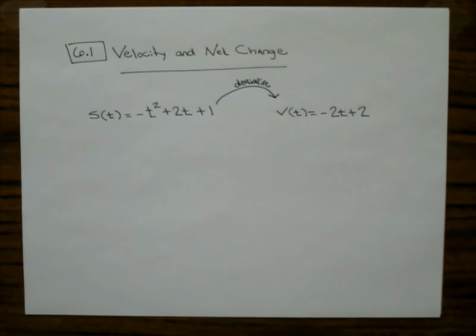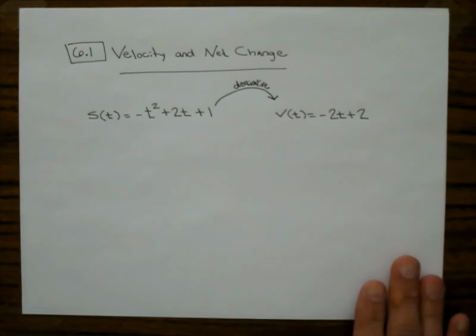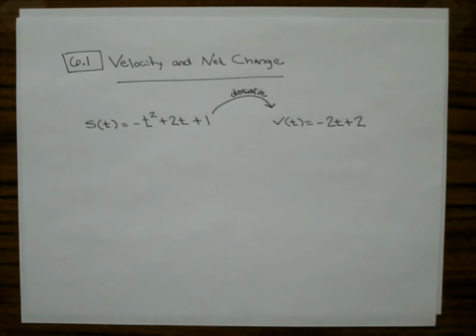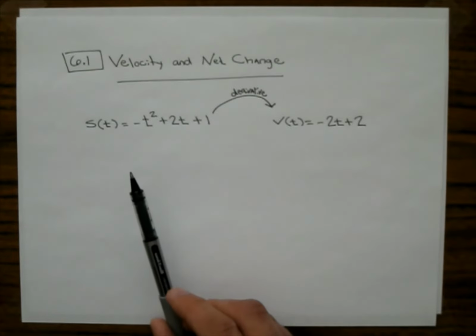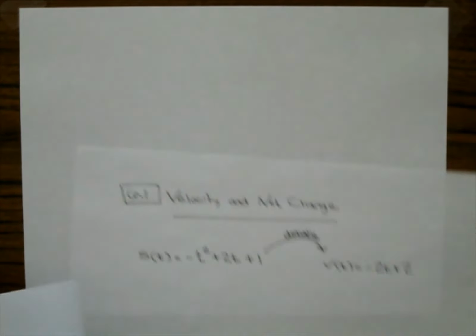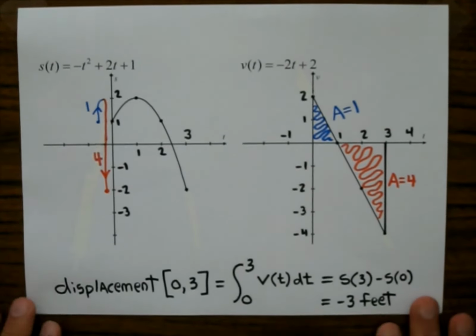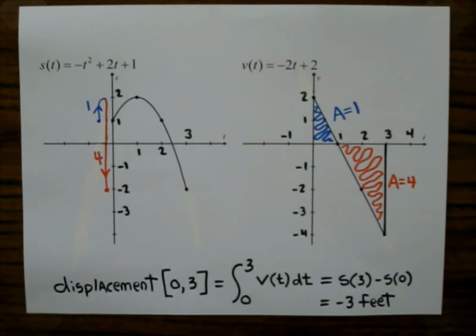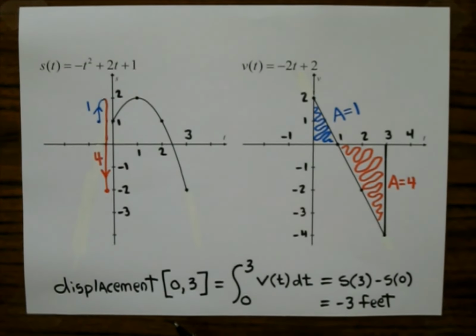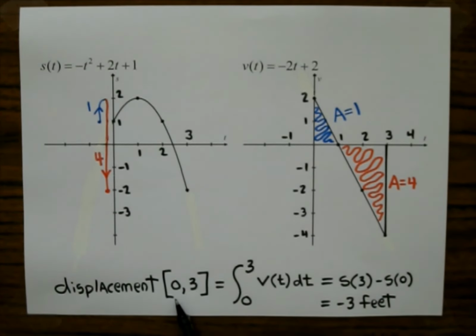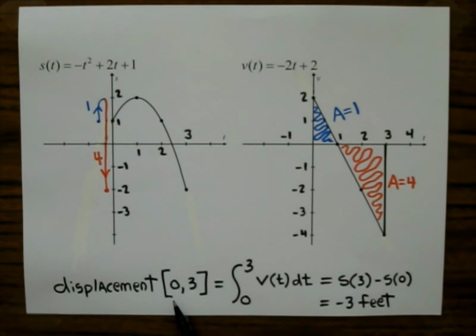We've asked some questions like displacement. So if you were going to find the displacement of the bug on a time interval, let's take a look at this. I've got some pictures here. The displacement of the bug on the number line just tells you that at 0 seconds he's somewhere, and at 3 seconds he's somewhere else.